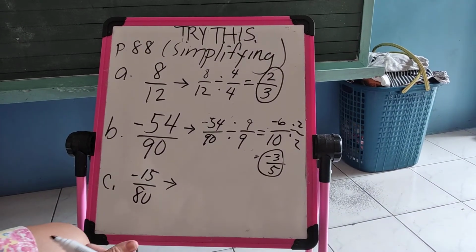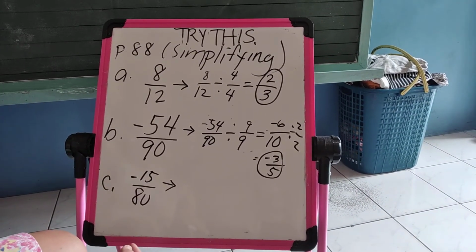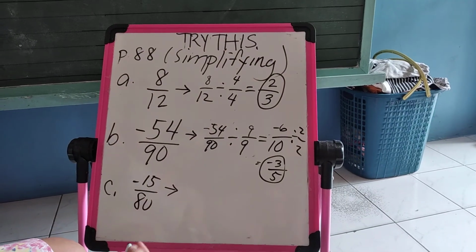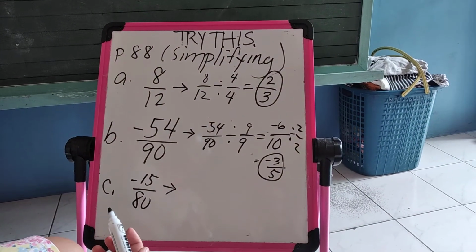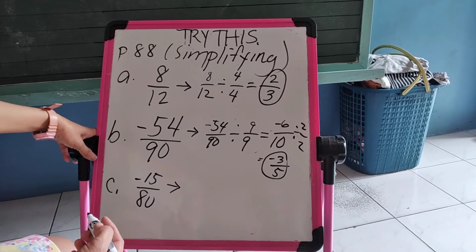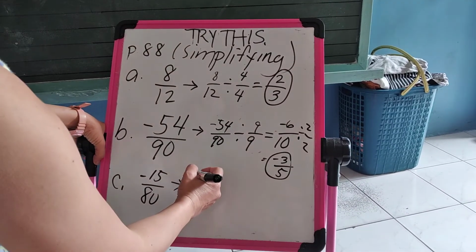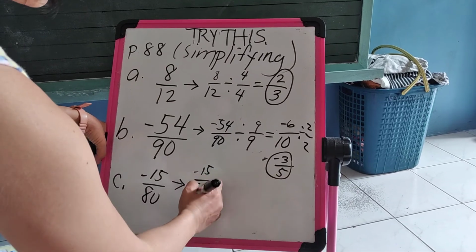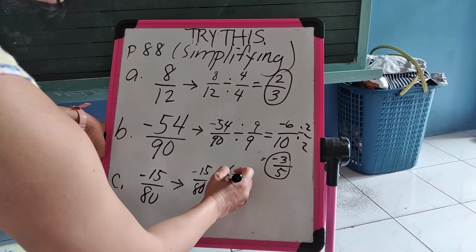Correct? Last, letter C. Here, if you notice, we have multiples of 5, correct? So it's alright. We can start with 5. So copy first and divide by 5.